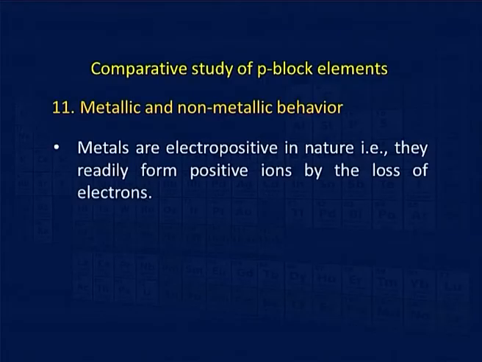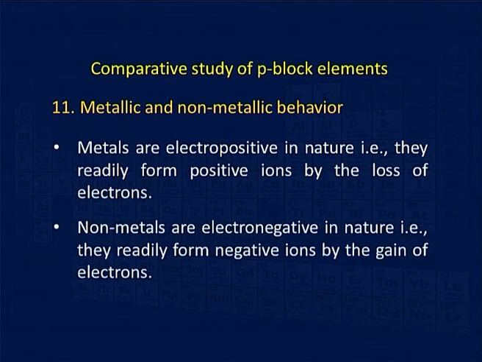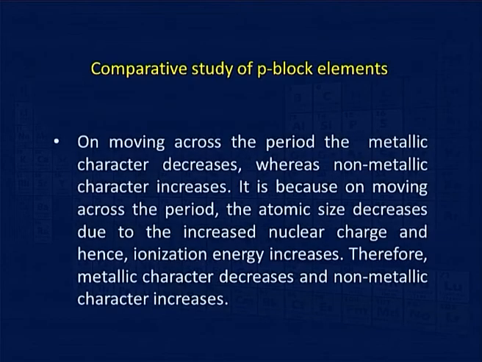Let us see the metallic and non-metallic behavior. The metals are electropositive in nature. They readily form positive ions by the loss of electrons. The non-metals are electronegative in nature. They readily form negative ions by the gain of electrons. On moving across the period, metallic character decreases, whereas non-metallic character increases.